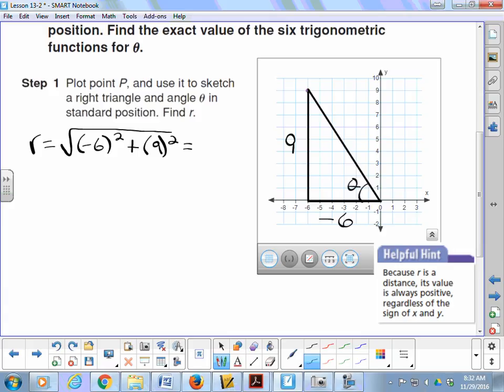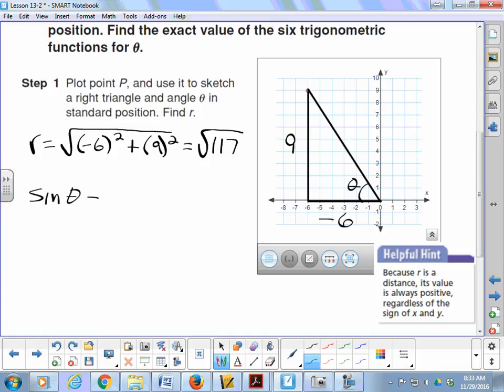So we get 36 plus 81, which is what? 117, right? Okay, so r is equal to the square root of 117. Now I think we can simplify that, but with that being a complicated one, we're just going to leave it, okay? And so when we write our ratios, we're just going to leave it in the denominator and call it good.